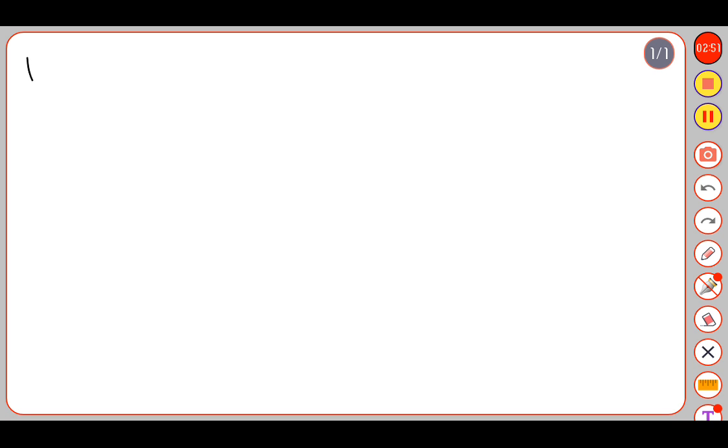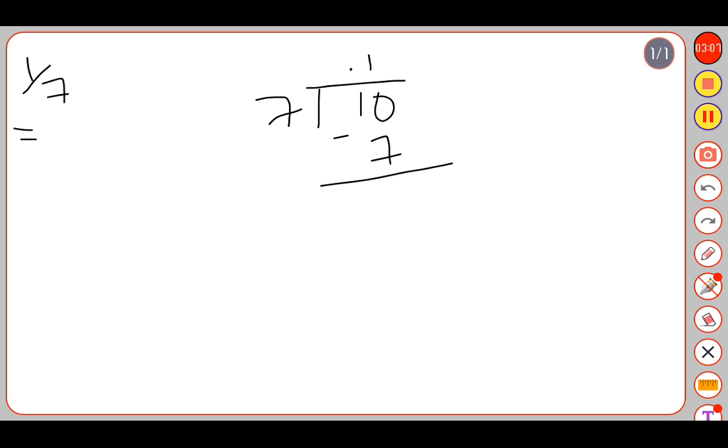Now let's do another number. That is 1 by 7. Here 1 and here 7. First point, as 1 is less than 7. So 7 1 7. We will subtract 7 from 10, we will get 3. Again 7 4s are 28. Again by subtracting we get 2. Again 0 here.